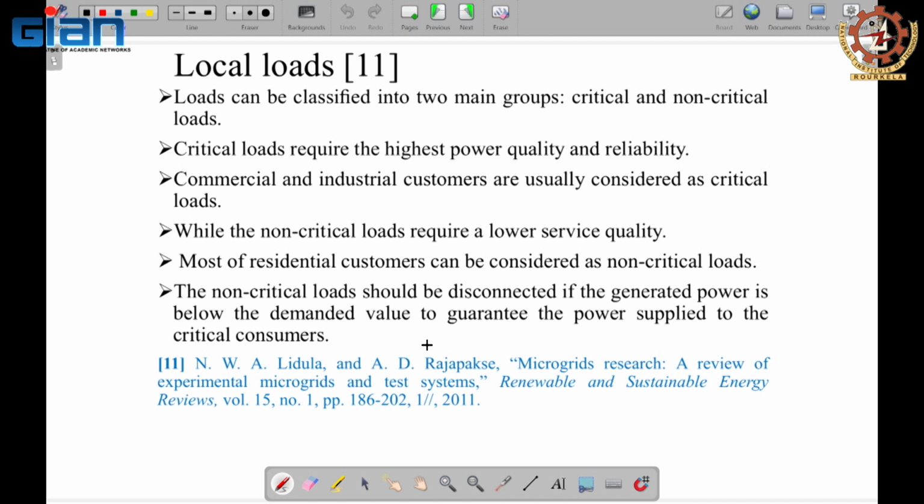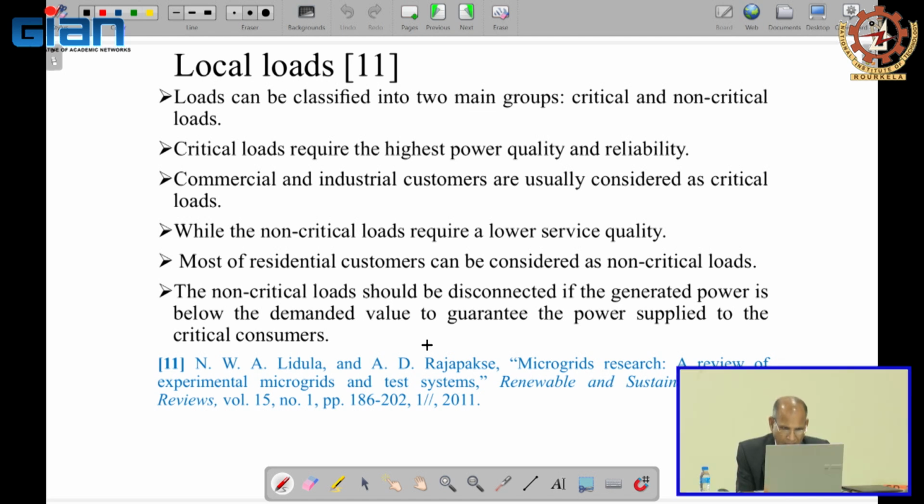So priority has to be decided accordingly. If there are critical loads, they will obviously be given the higher priority, and of course there has to be a more reliable system for the critical loads.